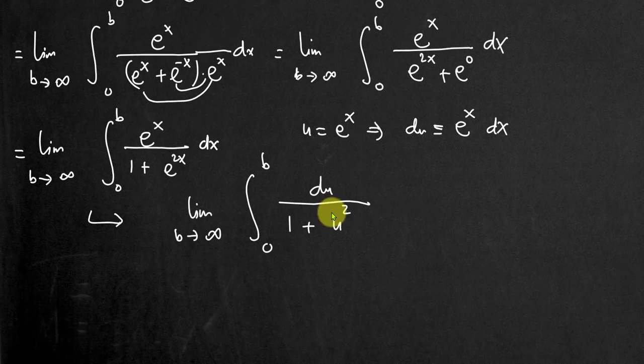Okay, and from here, you know that with 1 plus u squared, we can apply the formula for the inverse tangent.